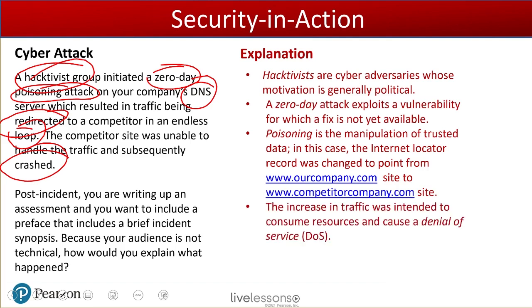Now, the increase in traffic was intended to consume their resources and cause a denial of service. That's why they crashed. But in the end, both companies were victimized. Our company was victimized because customers were led away from our system. Our competitor was victimized because their system crashed. Bad stuff. But being able to explain this in plain language to a non-technical audience, that, my friends, is security in action.